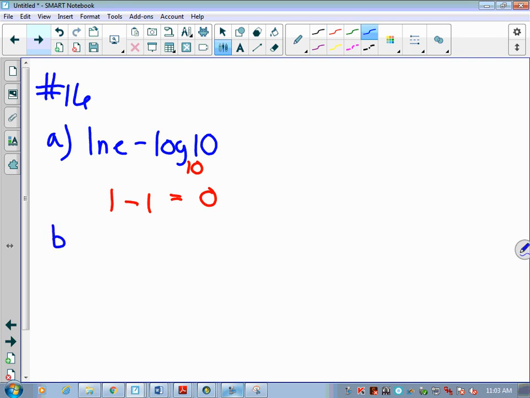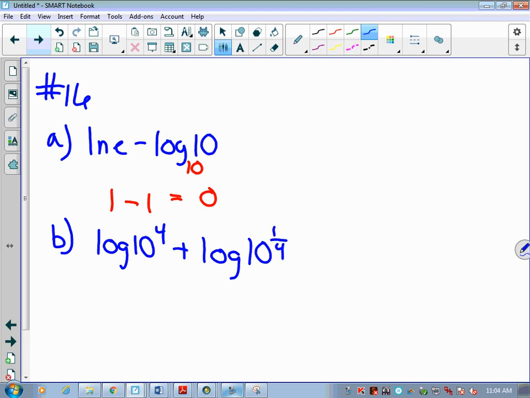B, how did we do on A? Did you guys get that as an answer? Cool. All right, then we've got log base 10 to the 4th plus log, let's see, 10 to the 1/4.